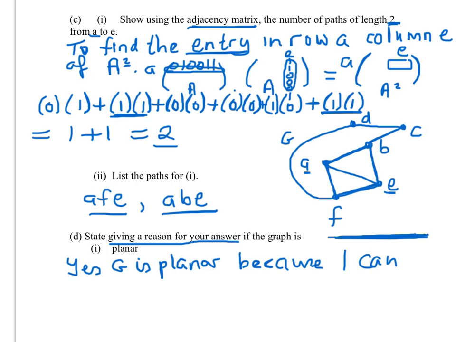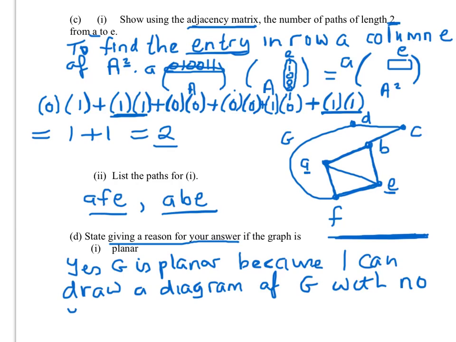I can draw a diagram of G with no edges intersecting or crossing, right? And you show that diagram. So if I was to show the diagram, there it is.